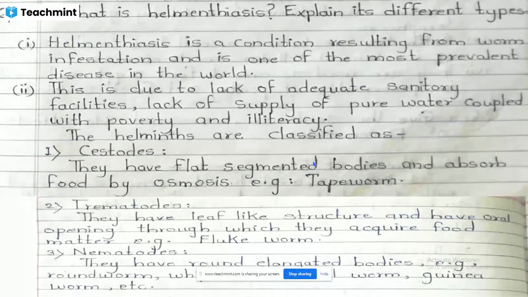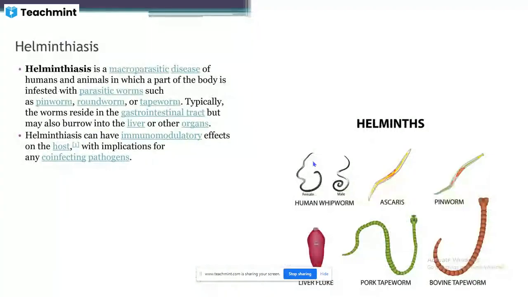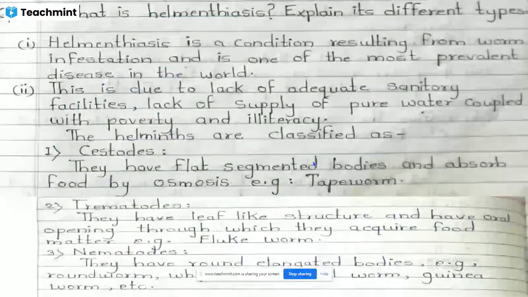Trematodes look like a leaf-like structure and have an oral opening through which they acquire food matter. Example, flukeworms. Third category is the nematodes. They have elongated bodies. Examples are roundworms, whipworms, filarial worms. Okay, these are the worms generally found.